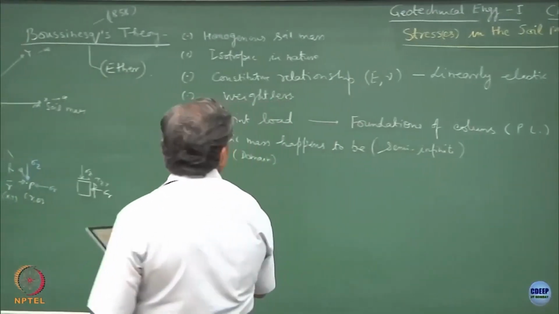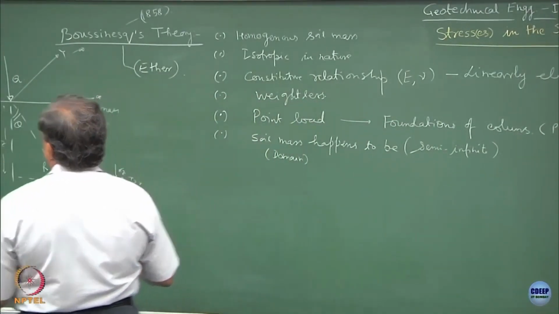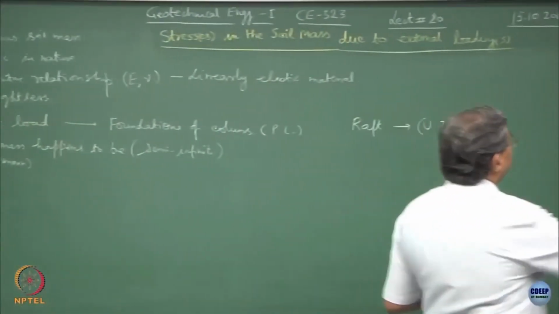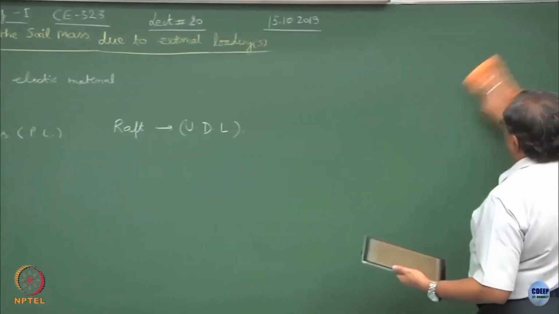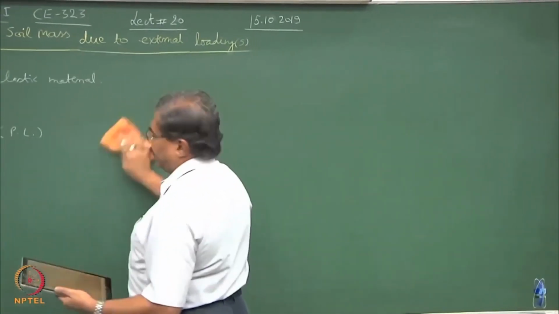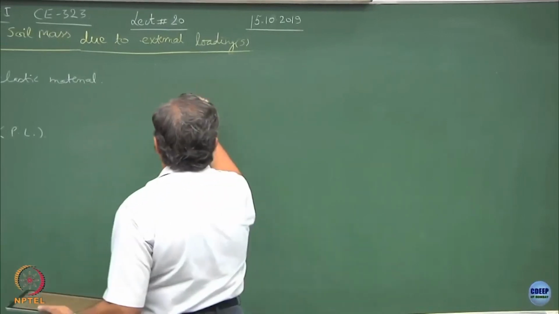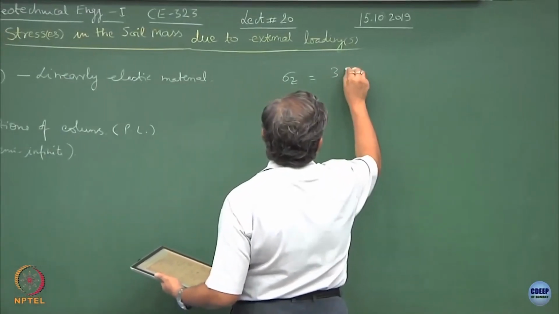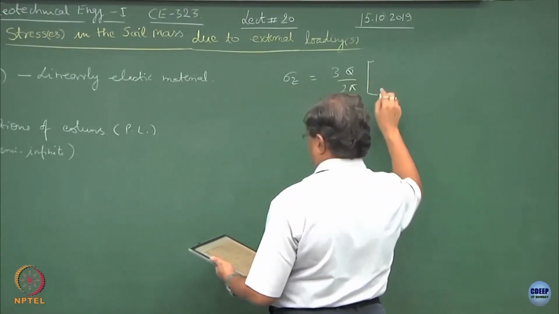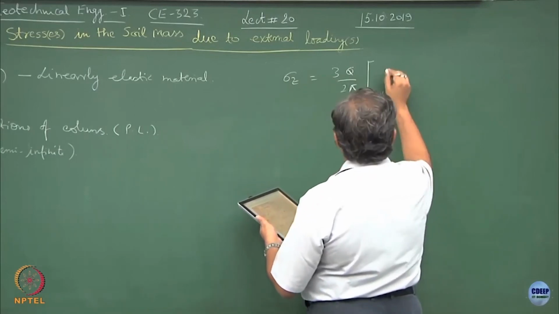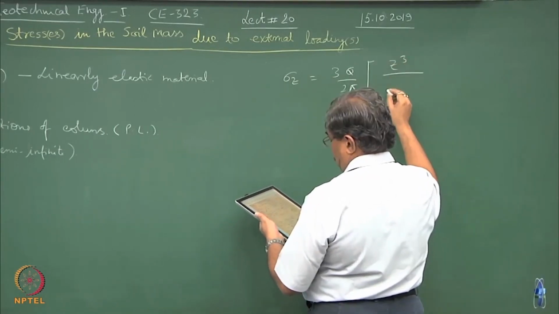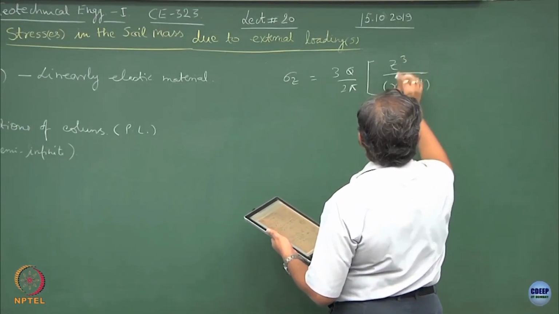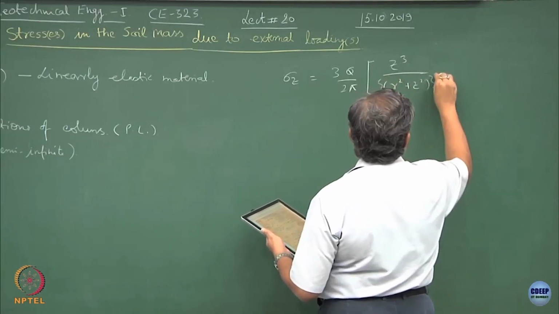So, as per Boussinesq's theory, the equation for the point load is sigma z equal to 3Q upon 2 pi into z cube upon (r square plus z square) to the power 5 by 2.